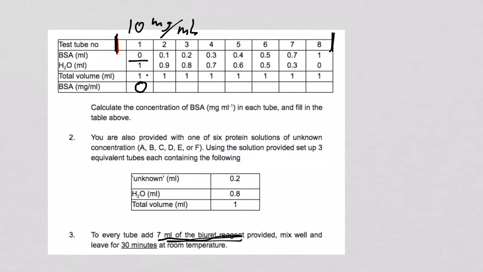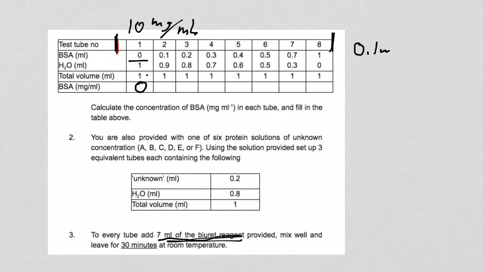Okay, in the second tube, what is your concentration of BSA? Sorry? 10? 1? Okay, let's see how we can actually calculate that, because that might get interesting for later. What do we take?